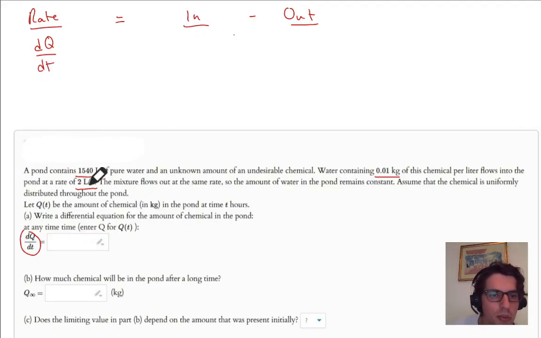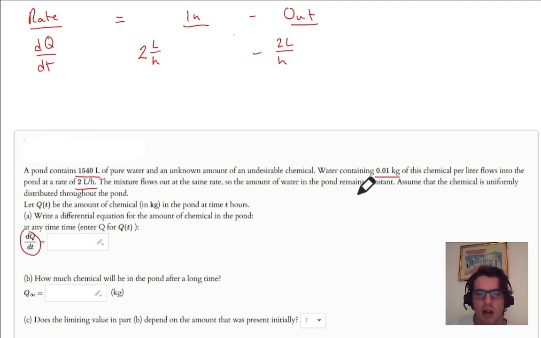So this is 2 liters per hour. That is a rate in. We're going to do something with the 0.01 also, but let's just leave that alone for now. The mixture flows out at the same rate, so minus 2 liters per hour here.